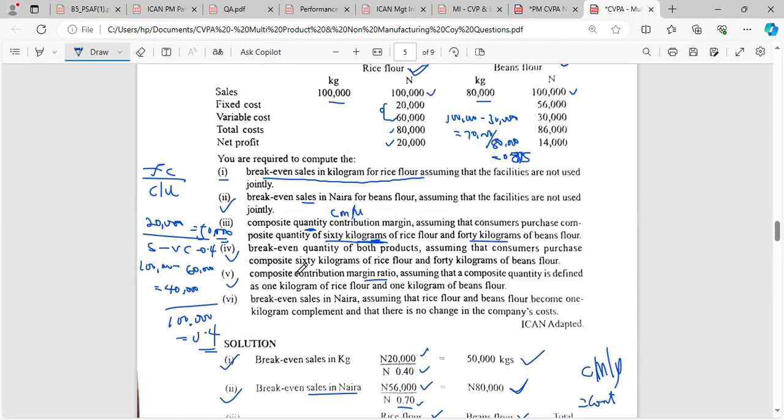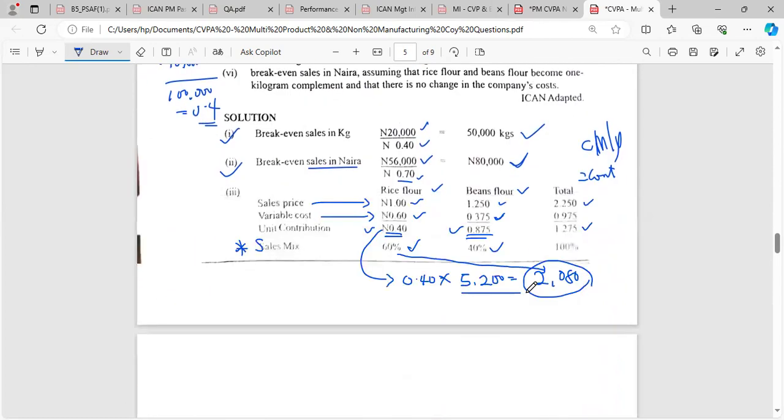That is why they told us in the question, assuming that customers purchase a composite quantity of 60 kilograms of rice flour and 40 kilograms of bean flour. So just assume that from our unit contribution, we are only getting 60% for rice, and for beans, we're only getting 40%.